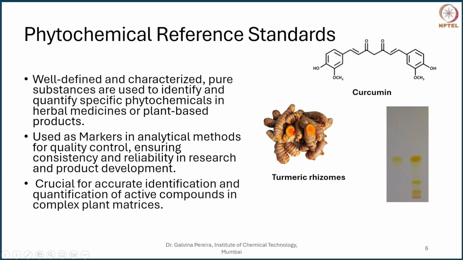But imagine if this is not matching, that yellow color is coming from somewhere else, that means the drug has some other yellow color, which can be artificial, or some other yellow pigments which are not curcumin. So then I can come to know whether the raw material is genuine or not. That is another application of phytochemical reference standards.